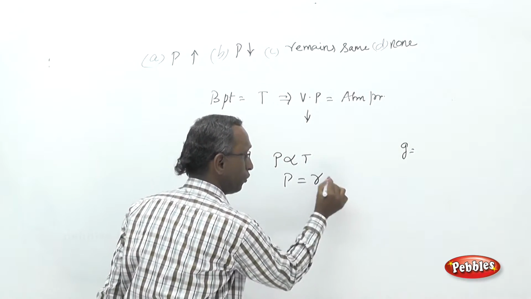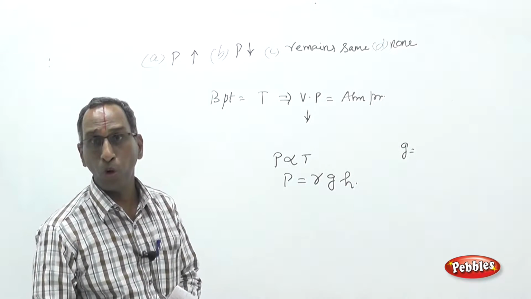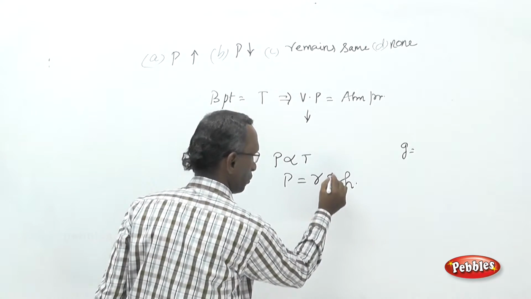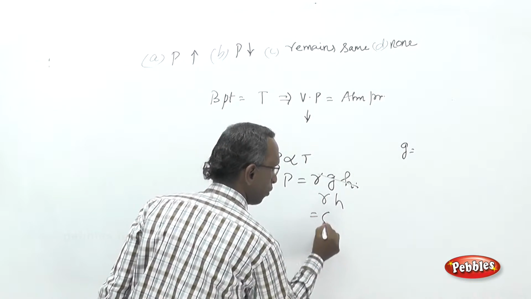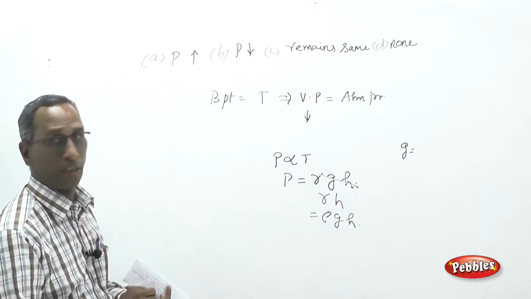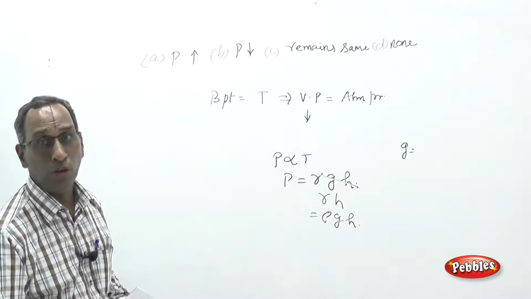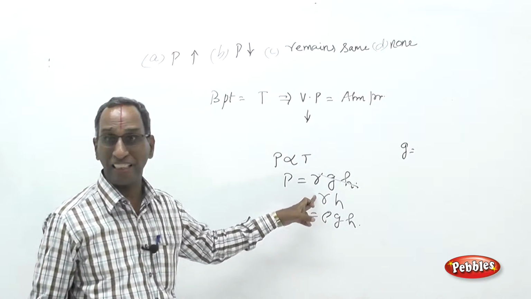Actually in physics you might have studied this relation: P equals rho G H, or gamma H, whichever be the case. There are two formulas, one called gamma H and the other rho G H. Rho is the density of the liquid used for the measurement of pressure, G is acceleration due to gravity, and H is the height of the column. Rho G is also denoted as gamma.